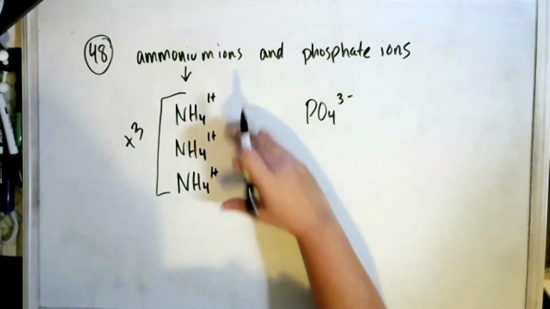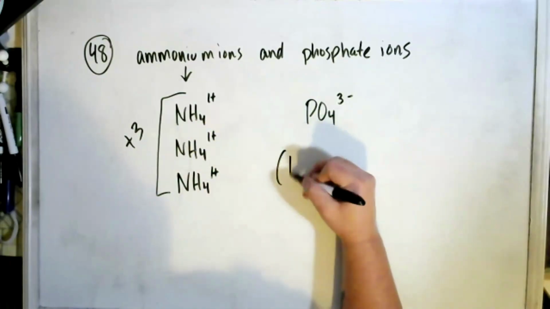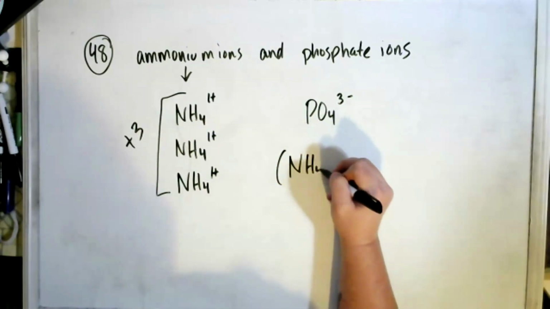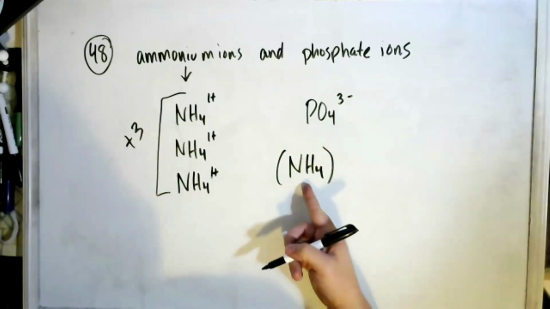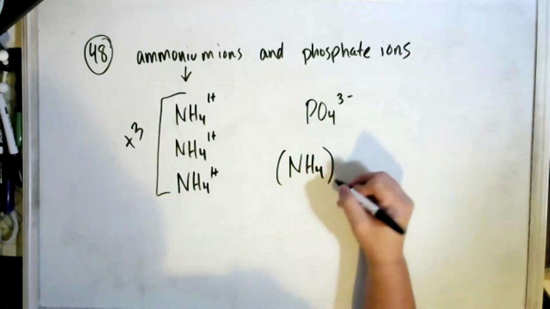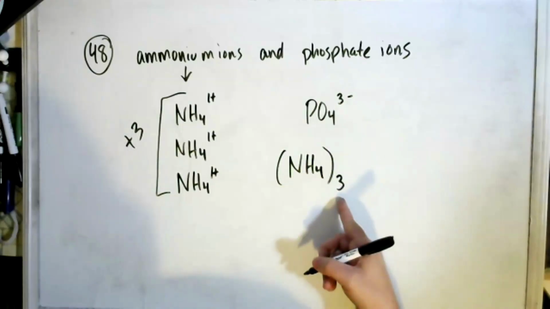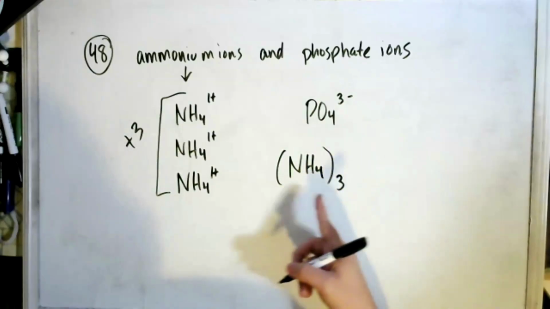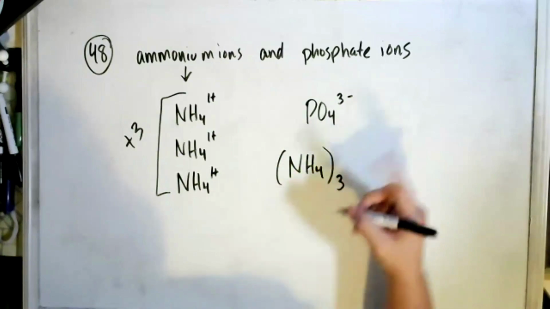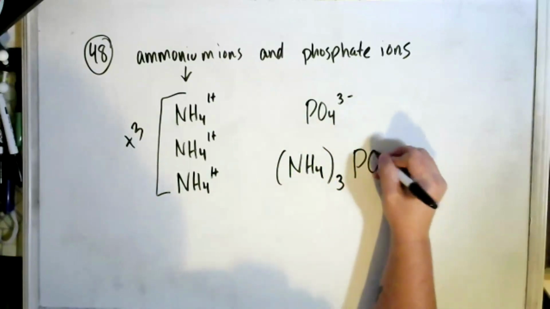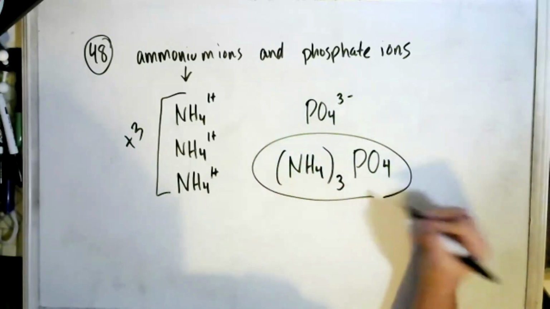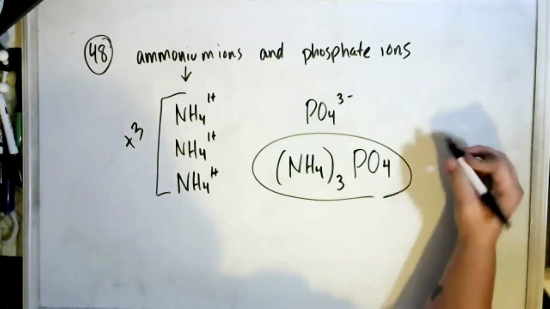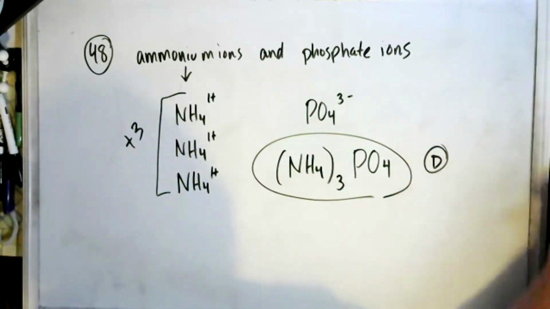With my polyatomic ions, I'm going to keep them inside of the parentheses if I need more than one of them. So I put my ammonium ion in parentheses and I put this 3 on the outside so that I know that I need 3 of these. And I just need the 1 phosphate, so I'm going to follow this up with PO4. All right, and that's going to be my formula. Looks like choice D.